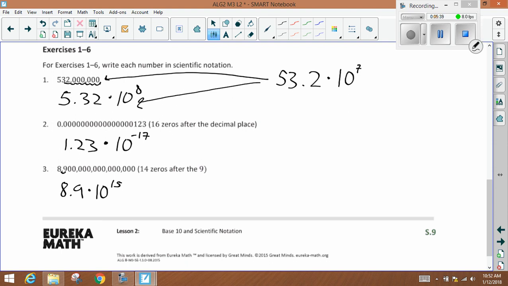So it looks like if we move our decimal to the right, it decreases our exponent, right? So when we put our decimal to the right, the exponent decreases.